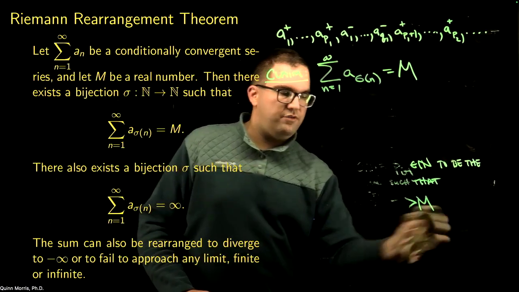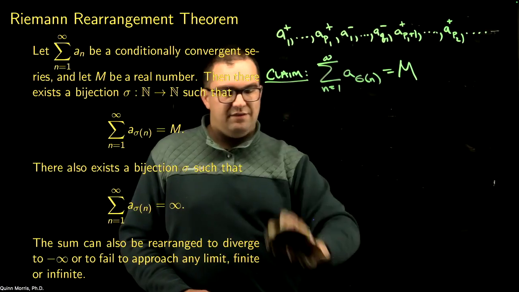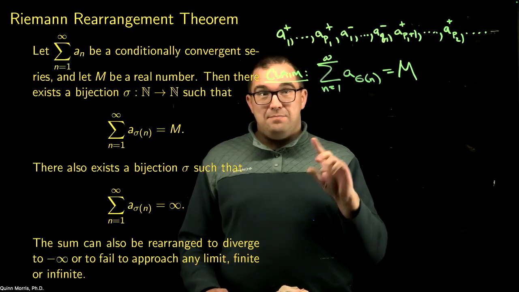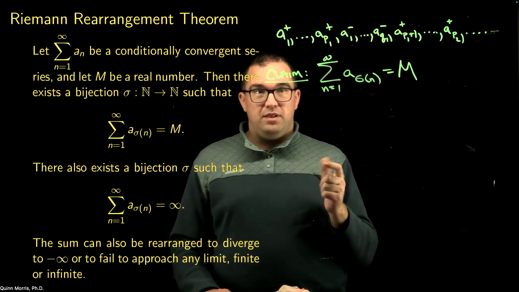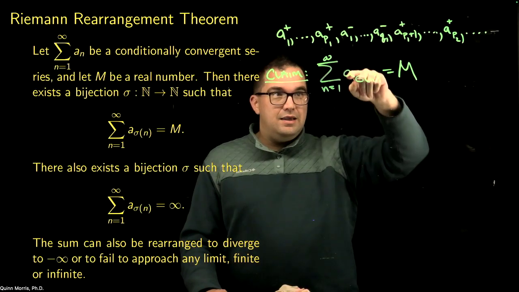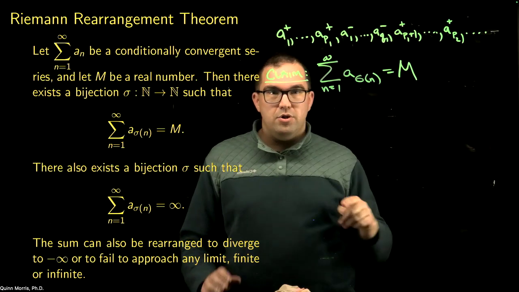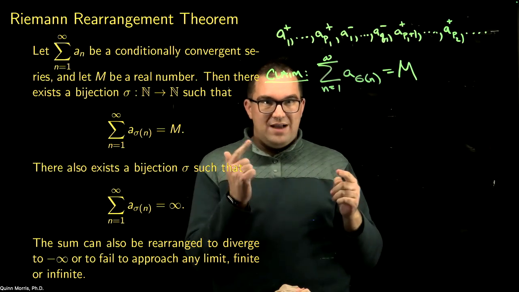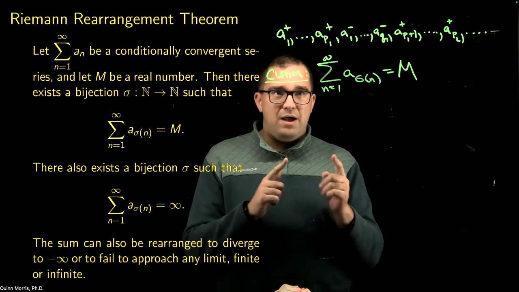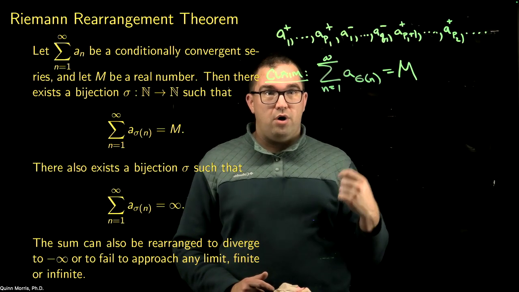As I add in these P blocks and Q blocks of positive and negative terms, each time I'm getting just above or just below M. And the amount that I'm getting just above or just below M by is a term in my series, right? But those terms are getting smaller and smaller. So each time that I switch directions from going above to below or vice versa, the amount that I'm going above or below by is getting smaller each time I cross.